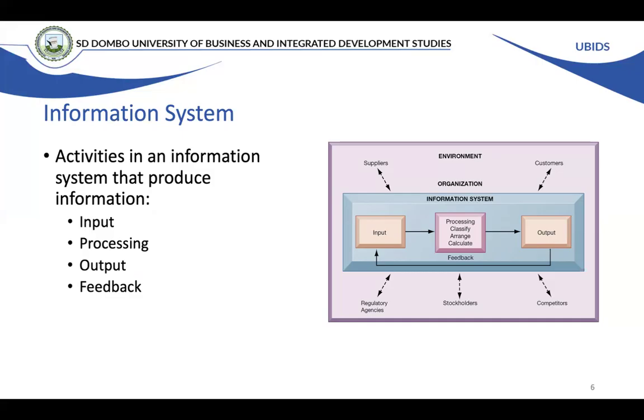Internally, it is our employees within the organization. Externally, we're looking at our suppliers, our customers, certain regulatory agencies, some stockholders who are concerned about investing in our business, and our competitors who want to know how we are doing, what we are doing, to benchmark against themselves and see what they can do to improve their activities.